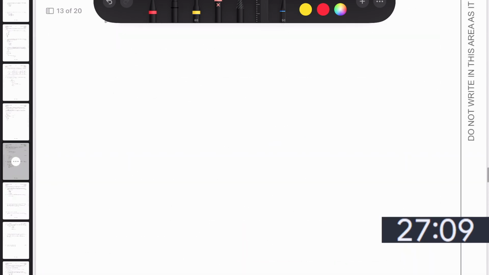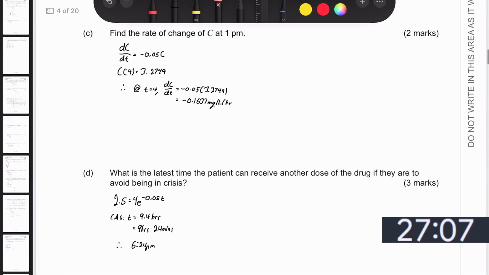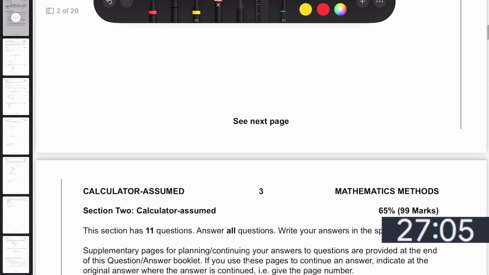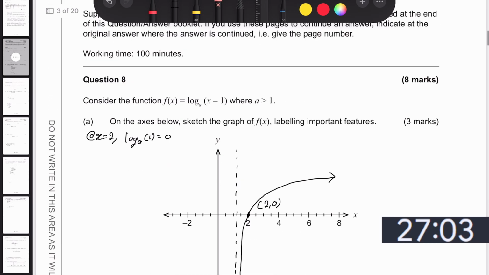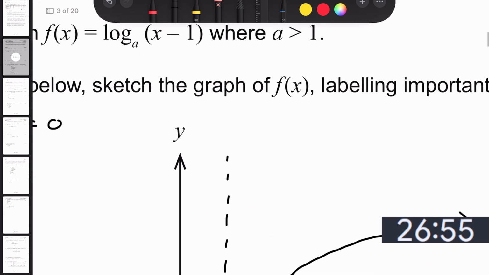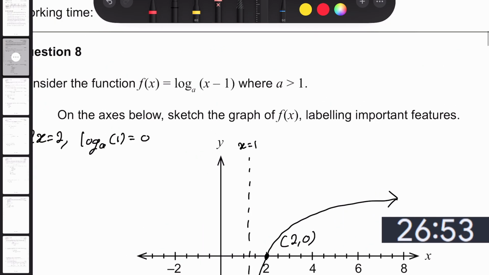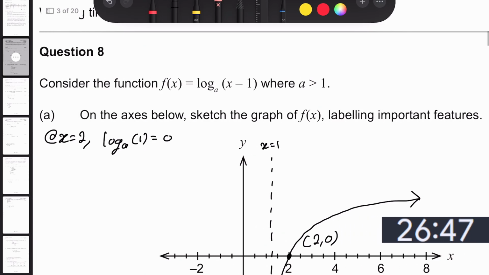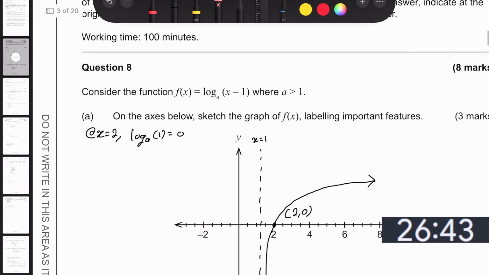We have some spare time, so let's start to go check through everything. We have a lot, so let's go. f of x is log a, where a is greater than 1. x equals 1 is our asymptote there. And x is 2 becomes log a of 1, which is 0.